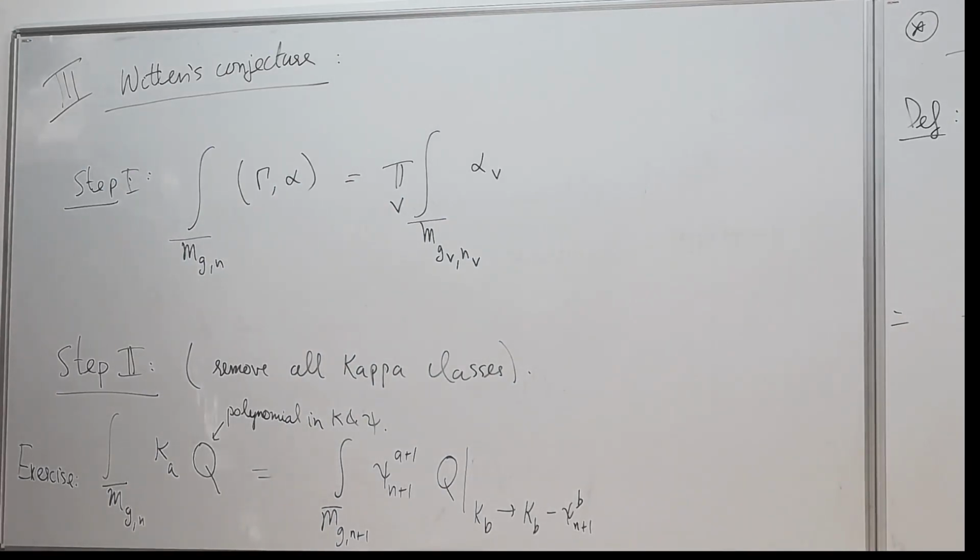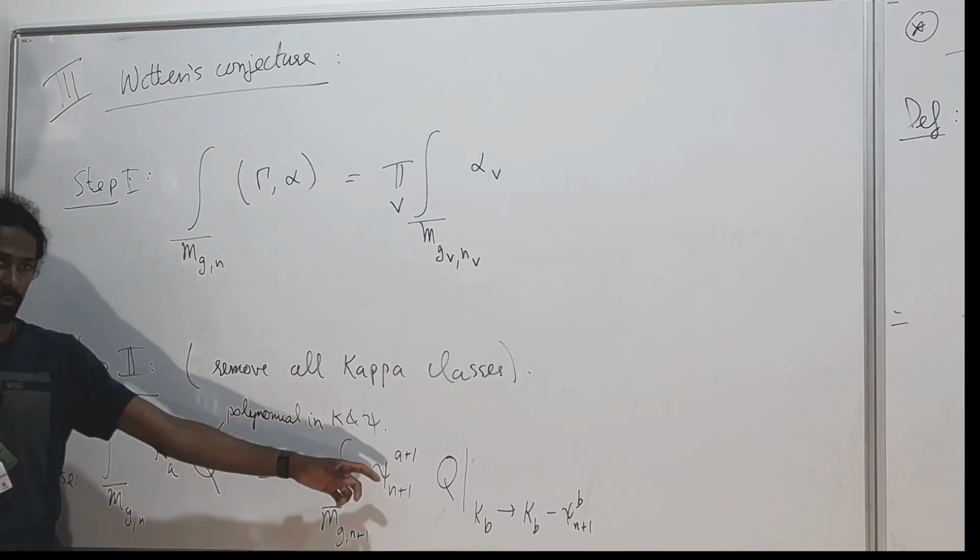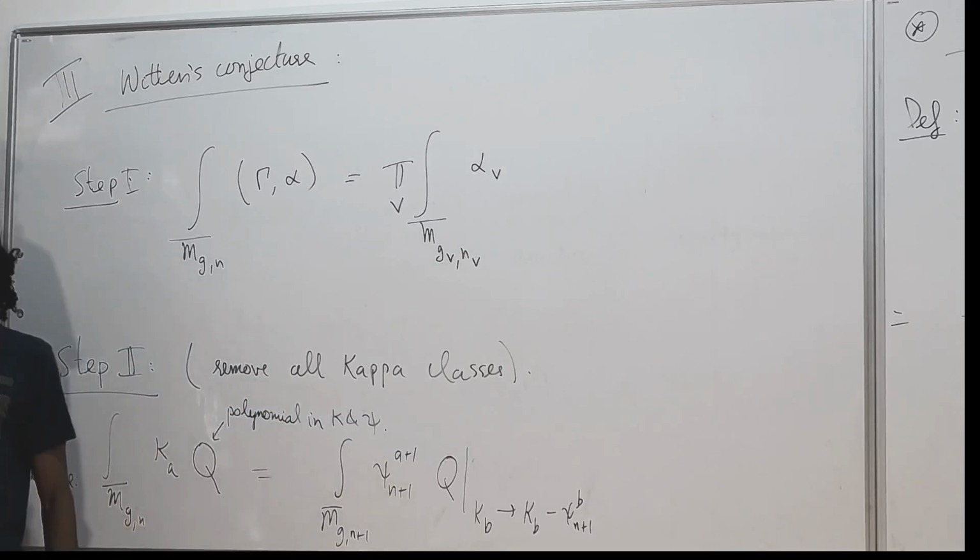If you already know some things, how would you go about proving something like this? Remember that the kappa class is a push forward, and the projection formula tells you that if I have a push forward of a class, then if I change my space, I can give that push forward as a pullback to the thing that's next to it.